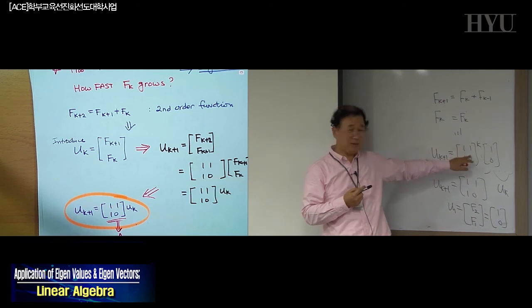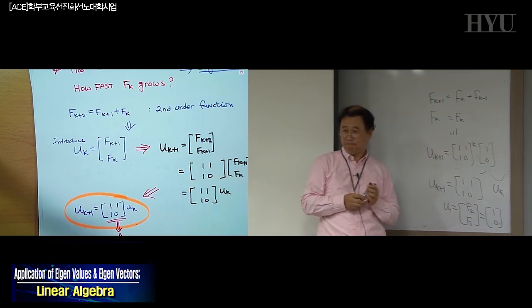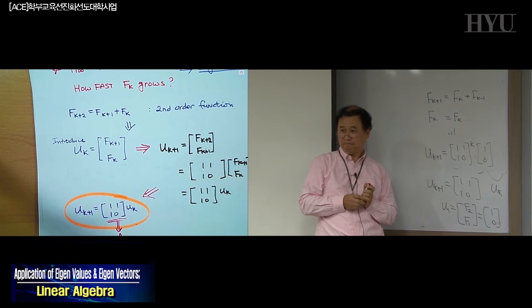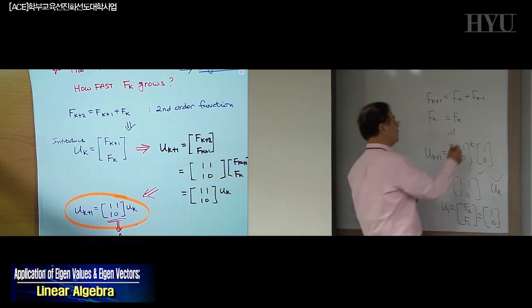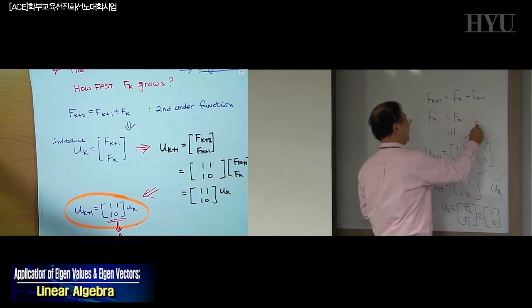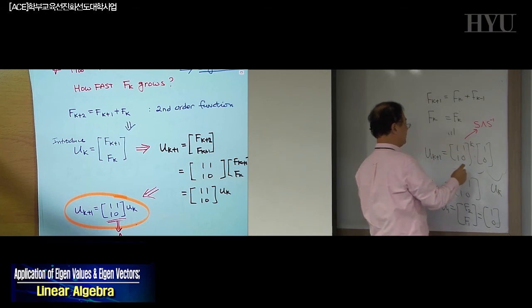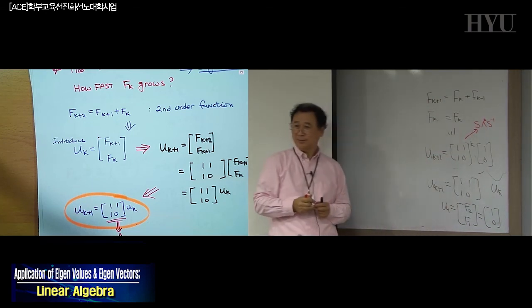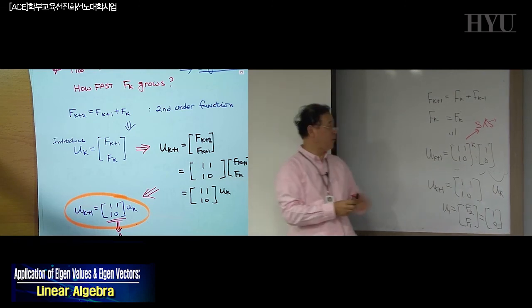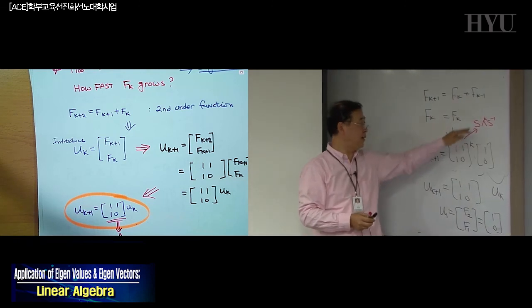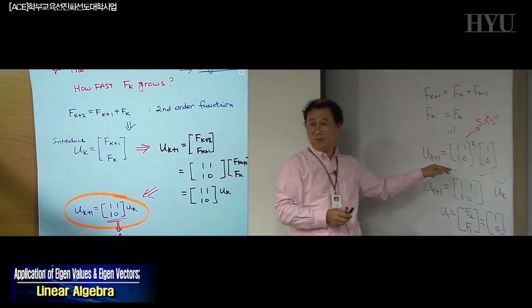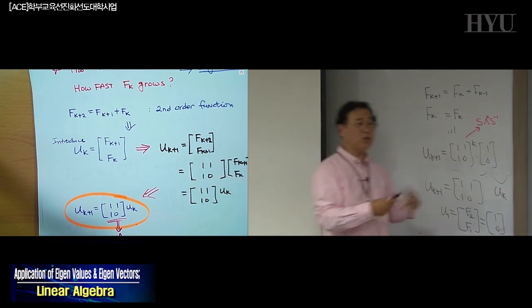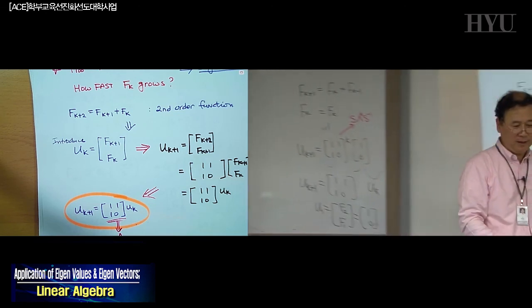So how can I compute this? We learned this one using S Lambda S inverse, so A^k is S Lambda^k S inverse. Once we find the eigenvalues and eigenvectors, we can easily compute. That's what I just explained earlier.